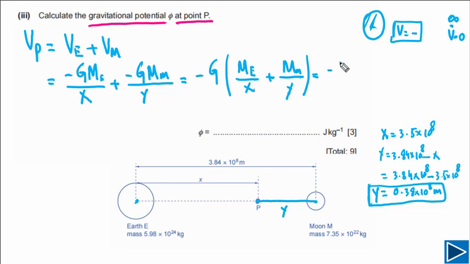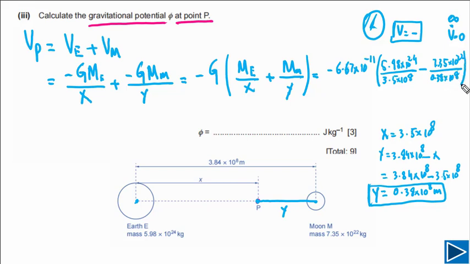The value of G is 6.67 times 10 to the negative 11 times the mass of Earth, that is 5.98 times 10 to the 24, divided by x, where x is 3.5 times 10 to the 8, plus the mass of the moon, 7.35 times 10 to the 22, divided by the value of y, which is 0.38 times 10 to the 8.